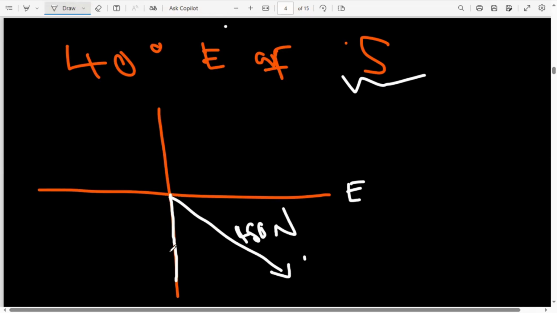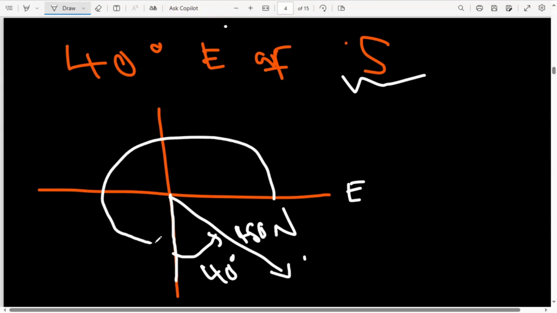Here I'm going to have the 40 degrees. So this is 40 degrees east of south. How do I get the angle? I always get it from the positive x-axis. Moving from here all the way to there, if I end at south, it will be 270. Then plus this 40, I'm going to get 310.